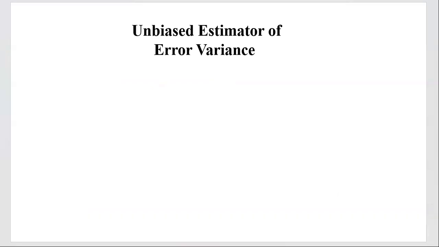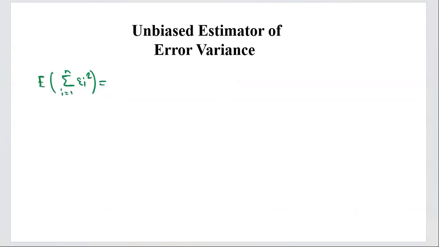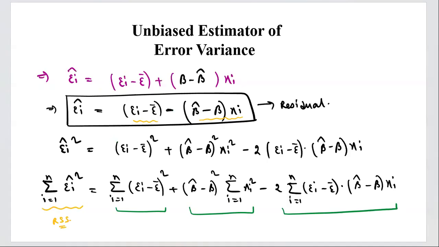Now what we will do, expected value of this error term, expected value of this residual. Take expectation on this individual term. So this is one term, this is the second term, and this is the third term. So take expectation on each of them individually. So you will have expectation of summation i from 1 to n epsilon i minus epsilon bar whole square, right?